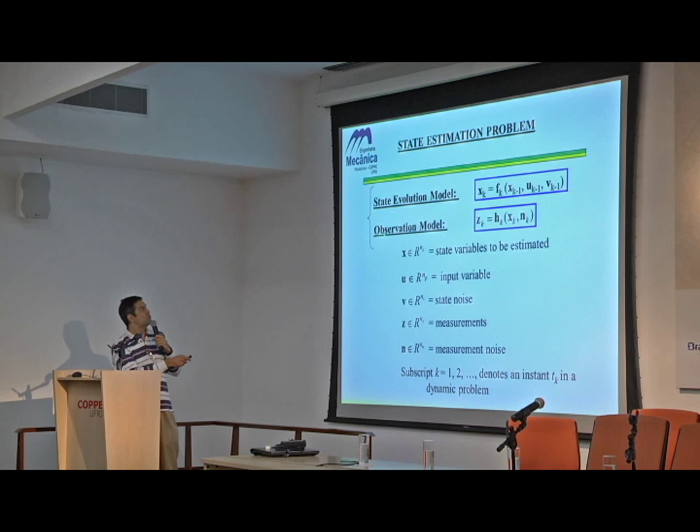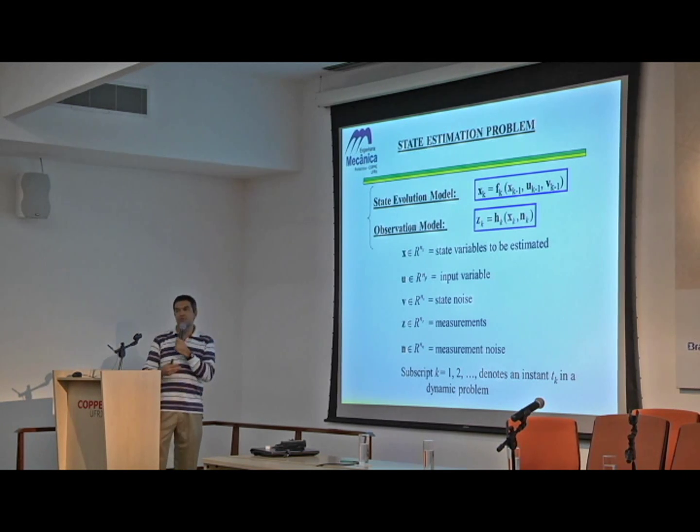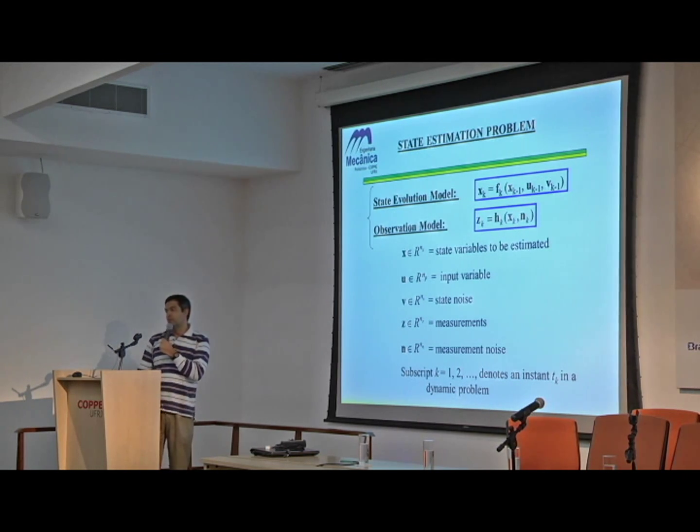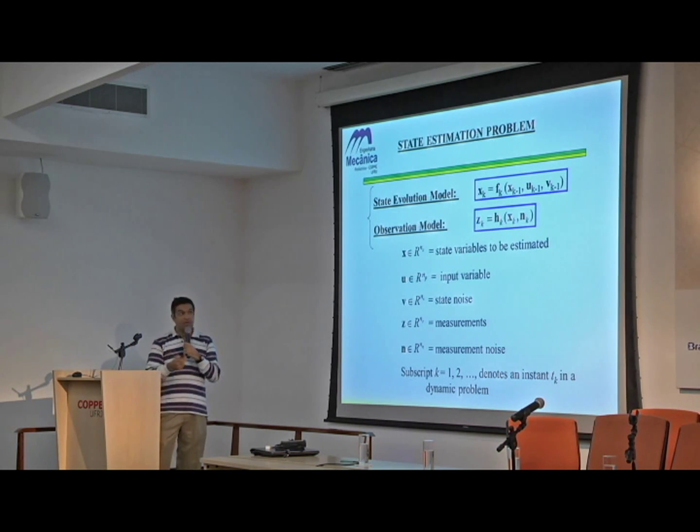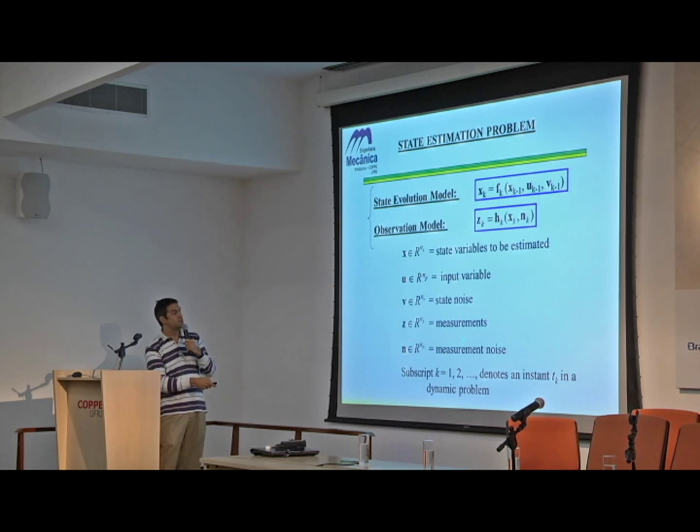And we also need to make use of an observation model, which gives us all the physics related to the variables that we can measure. Both models are stochastic. V is the noise associated with the state evolution model, and N is the noise associated with the measurements.